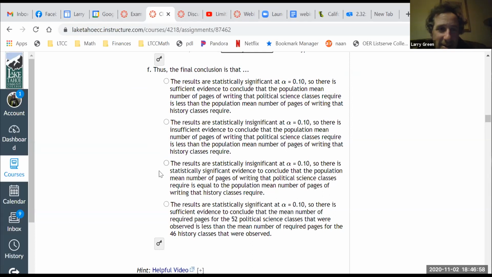All right, which of the four is the conclusion? I'll let you read through them. So 1, 2, 3, or 4.